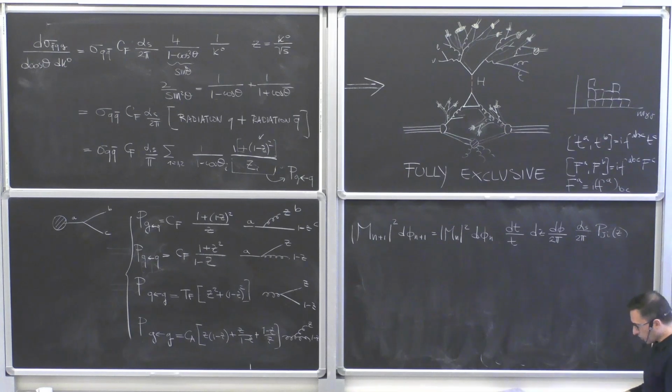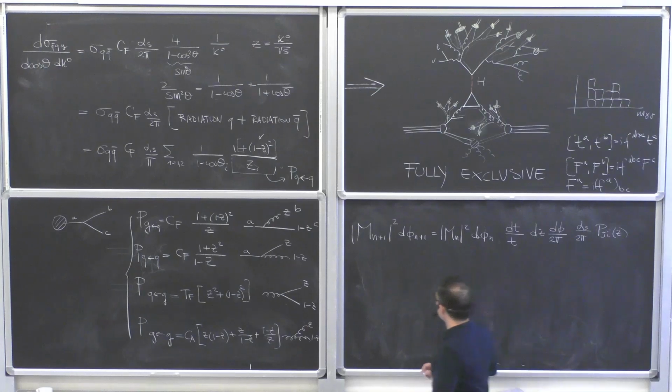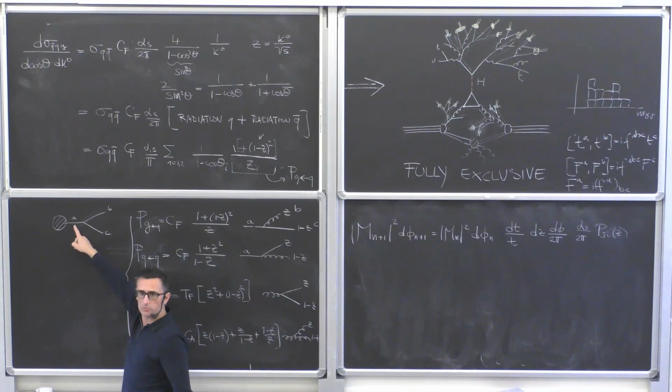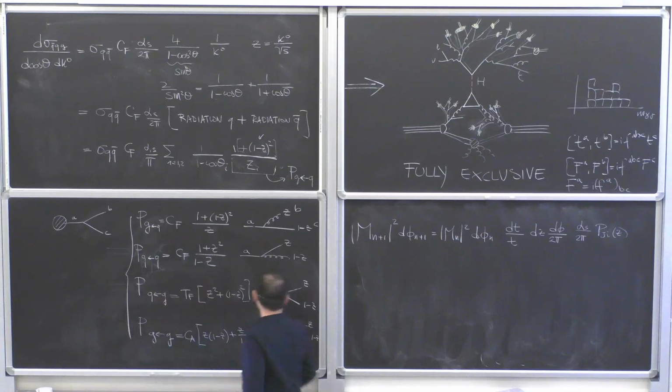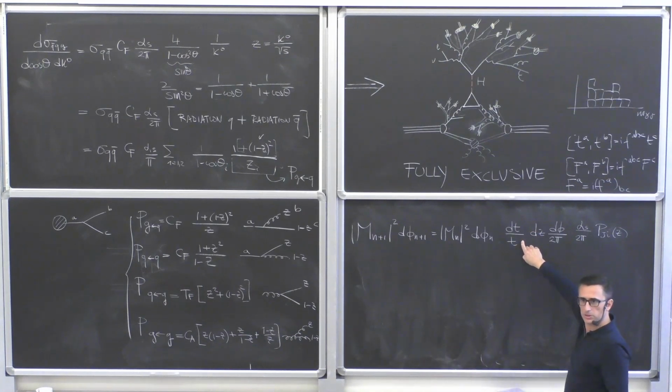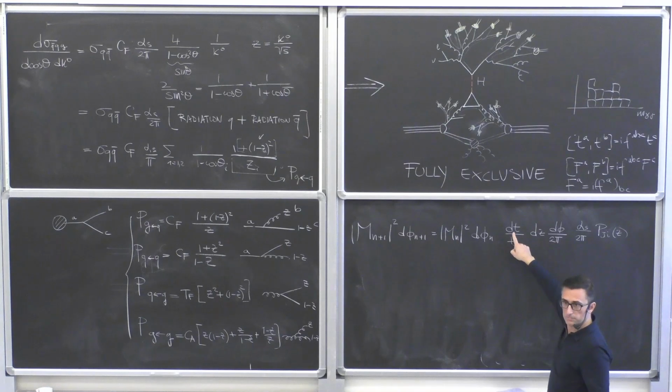Okay, so what do I use for t? Now, t is related to the virtuality of this particle here. Related. But since, you see, I have a log measure here, dt over t, it doesn't depend on what kind of numbers I rescale t with. That doesn't depend on energy, right? So this is ambiguous by definition, this object, because I can put 3 here, divided by 3, so this variable is the same.